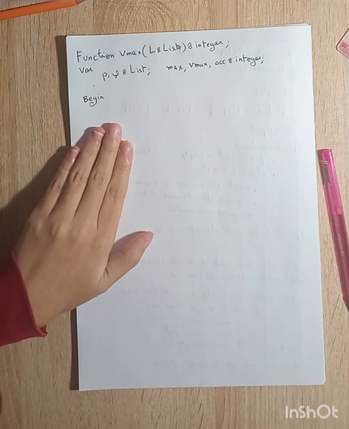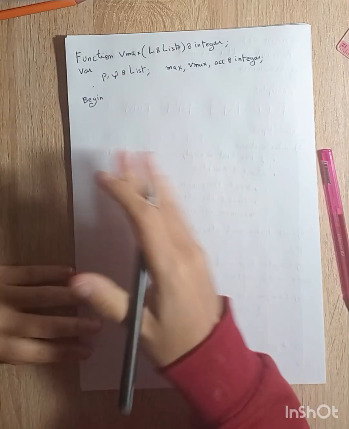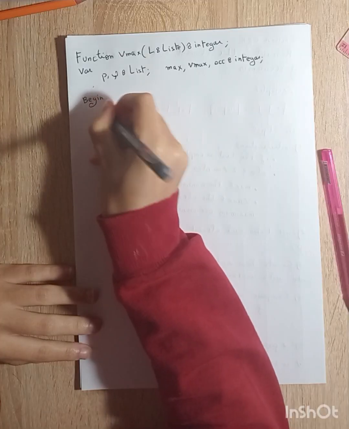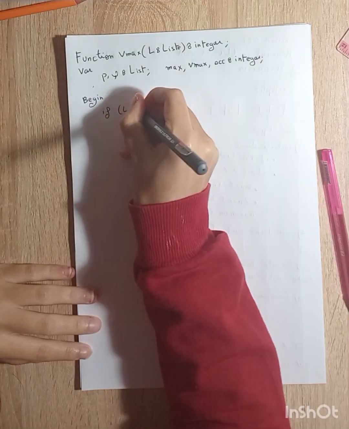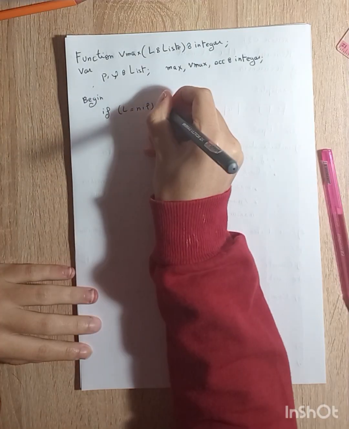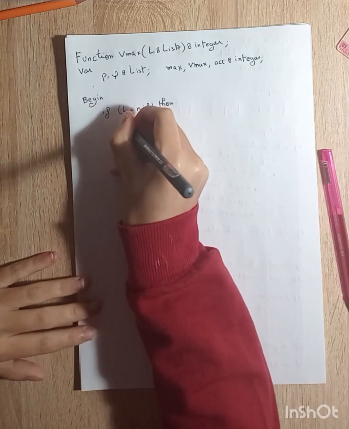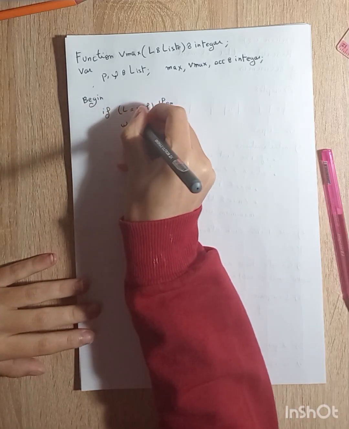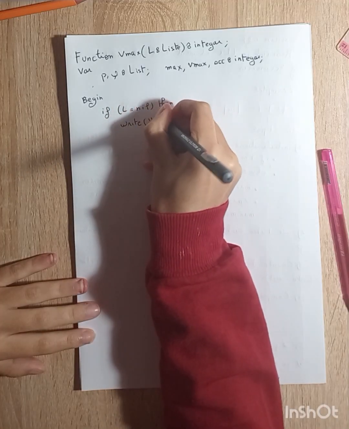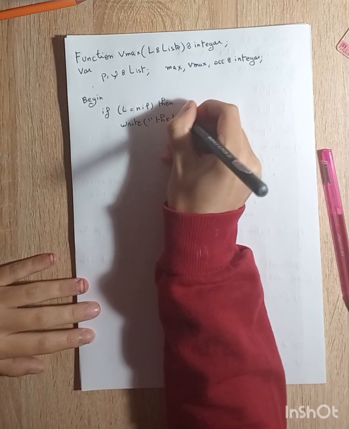What we do first is see if the list is empty. If L is nil, then we write that the list is empty.